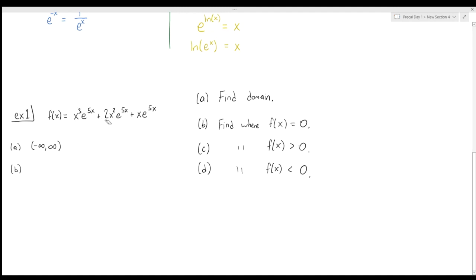Notice we can also factor out an x from every term as well, because every term has at least one x in it. So we factor out an x and an e to the 5x, and we'll have x squared plus 2x. We factored all of this out, so there's still a plus 1 remaining though. And then we set that equal to 0, okay?